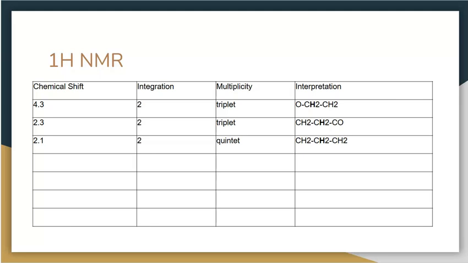The triplet indicates that the proton has 2 neighboring hydrogens. This suggests that the CH2 group is next to another CH2 group. The next signal is around 2.3 parts per million. It's also a triplet, so it's another CH2 group next to another CH2 group. And the last signal is around 2.1 parts per million, and that has 5 lines, so we call it a quintet. This indicates that this proton has 4 neighboring hydrogens, most likely in between the 2 CH2 groups.